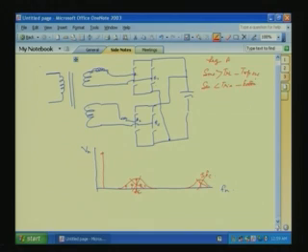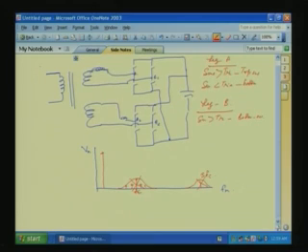That is for leg A, and this is true for this converter also, but for leg B, sine greater than the triangle, the bottom switch is on, and sine less than triangle, top on.